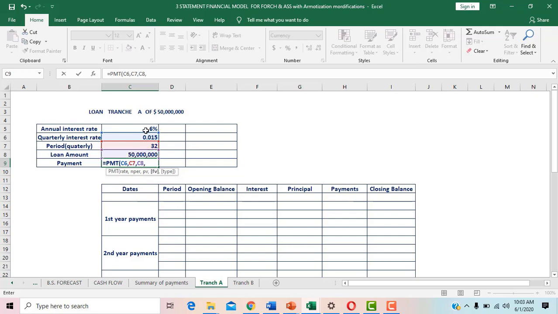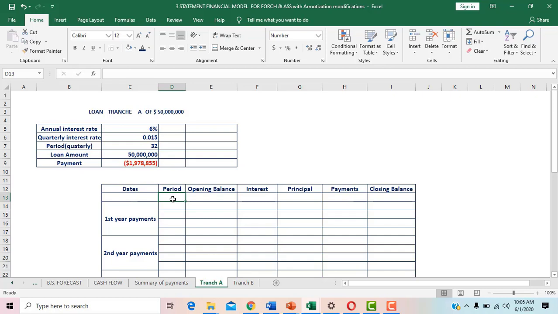Then our future value is going to be 0, meaning that by the 32nd period, we must have repaid all the $50 million owed. This means that our company is supposed to make quarterly payments of $1,978,855. Now that we know the quarterly payment, we can determine which part of the quarterly payment will form interest payments and which part will form the principal.